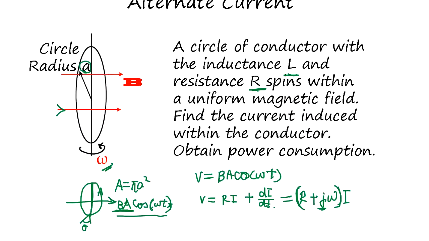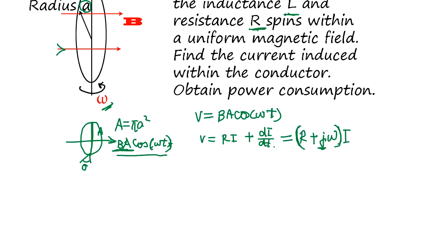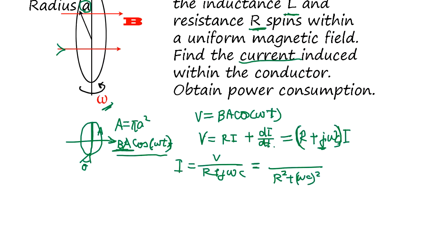Okay, so to find the induced current, I is going to be V over R plus j omega L. I'm sorry, this needs an L. So it is V times R minus j omega L over R squared plus omega L squared.